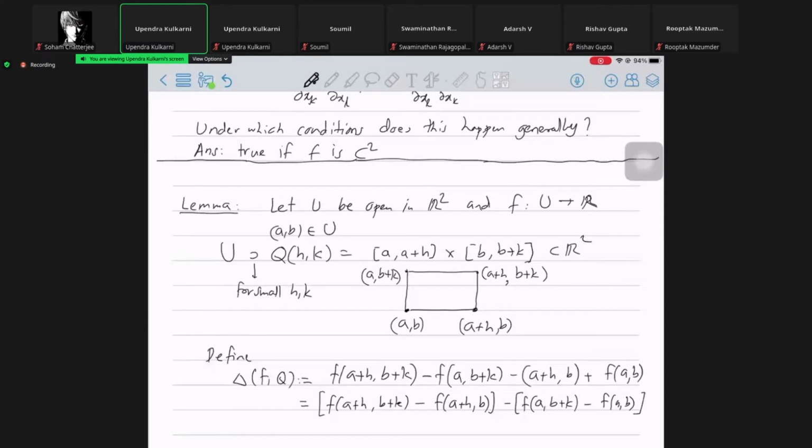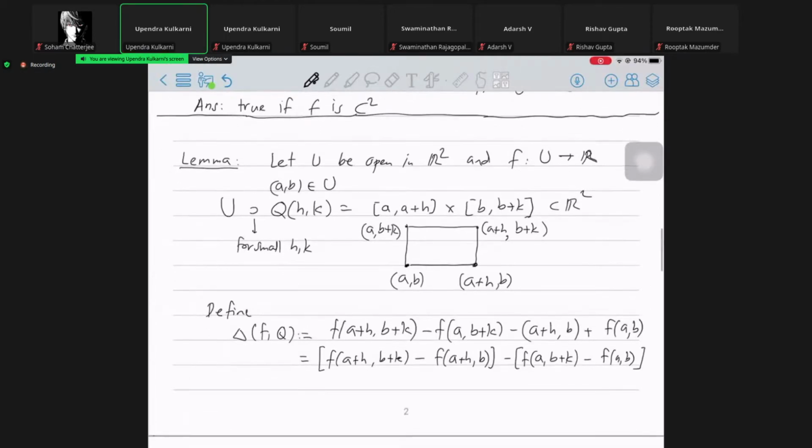If I divide that by K and take the limit as K approaches zero, then what do I get? A partial derivative. Partial derivative of F with respect to which variable, at what point? With respect to our second variable, first at A plus H and then at A. Right, exactly. So both of these are going to be partial derivatives.